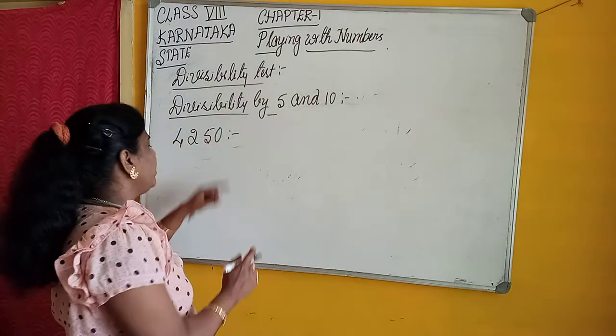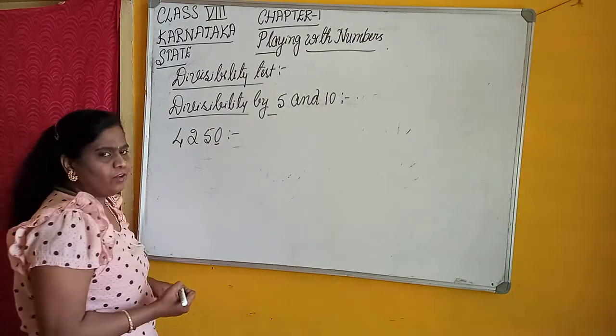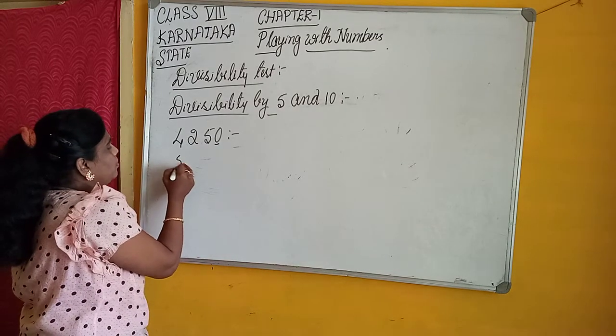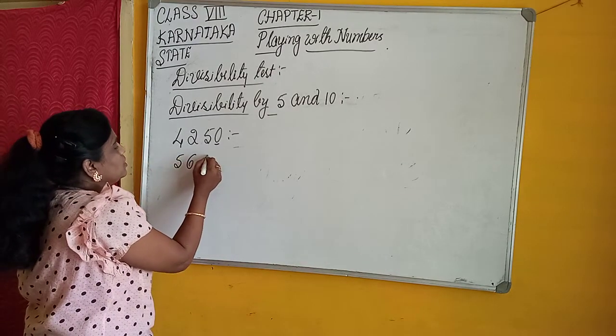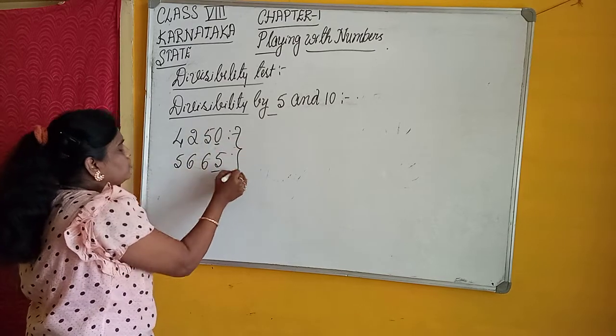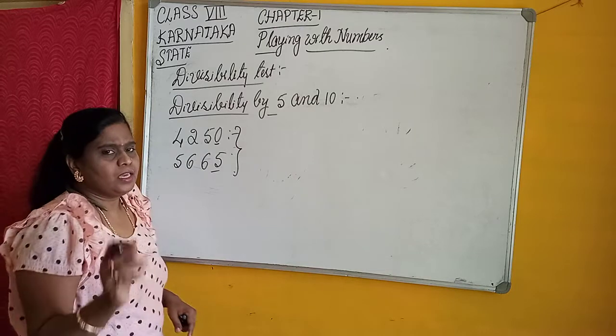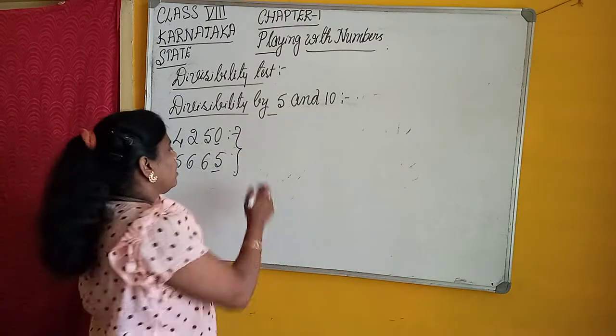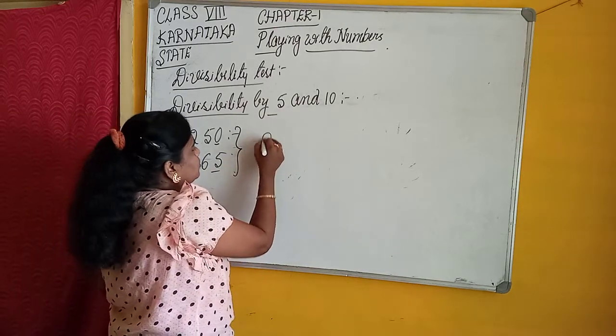If any number ends with 0 or 5, for example, another number we can take, 5,665, it is divisible by 5.